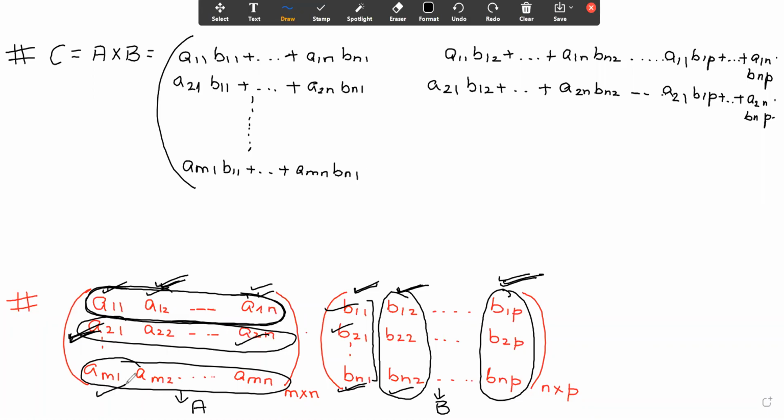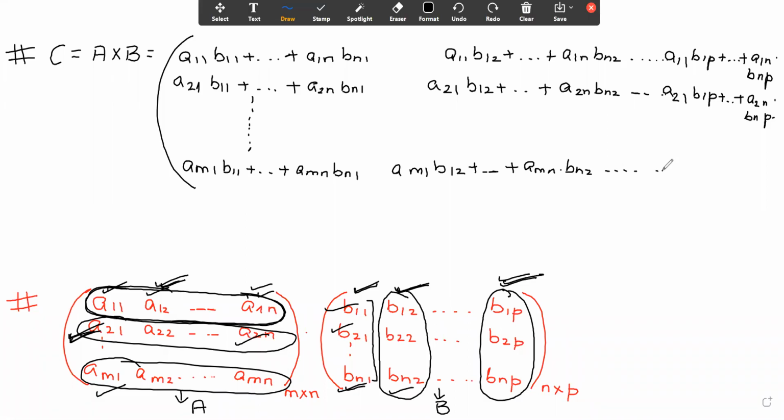Then the last row multiplied by the second column. So Am1 times B12 plus, I can extend it to Amn times Bn2.